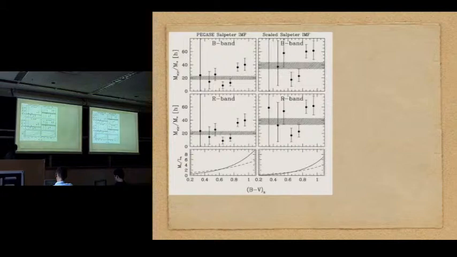This seems to imply that early type galaxies are inefficient in converting baryons into stars by about a factor of 2 compared to late type, probably because early type galaxies start forming stars very early on and they blow all the gas out. In fact, red galaxies seem to convert about 1/6 of the baryons into stars, whereas late type galaxies are more like 1/3.